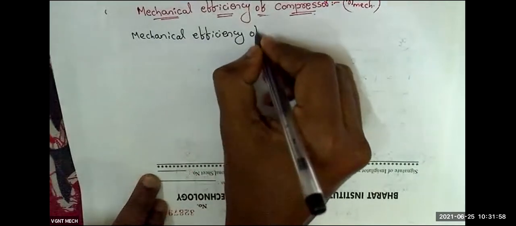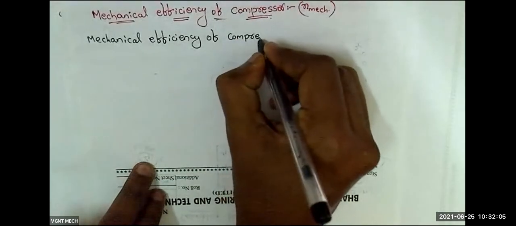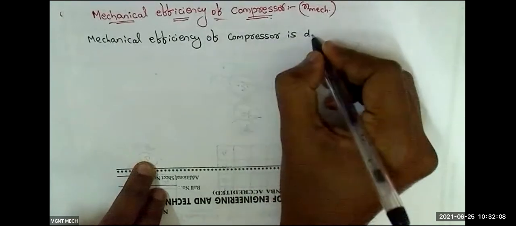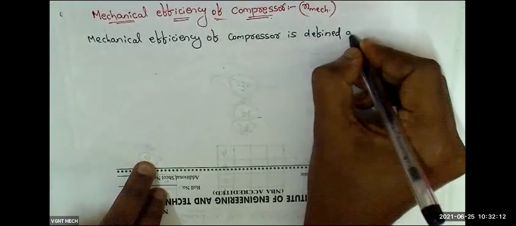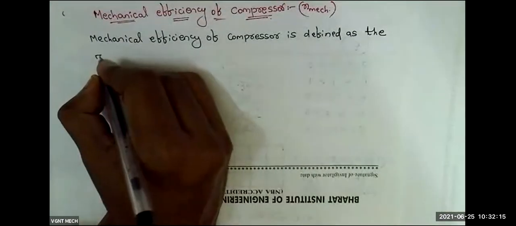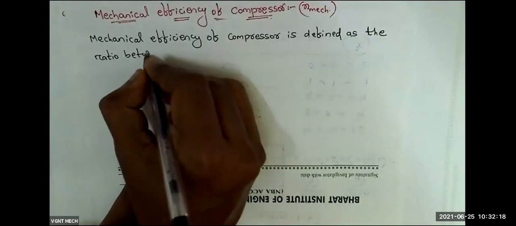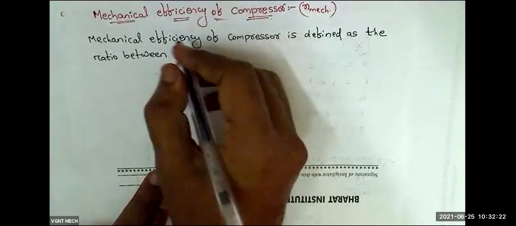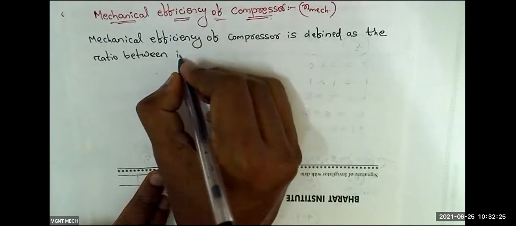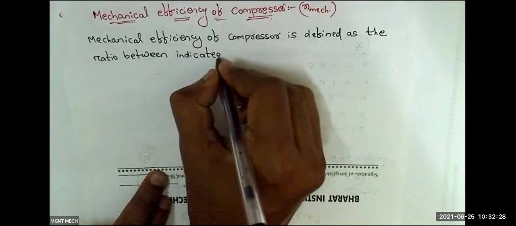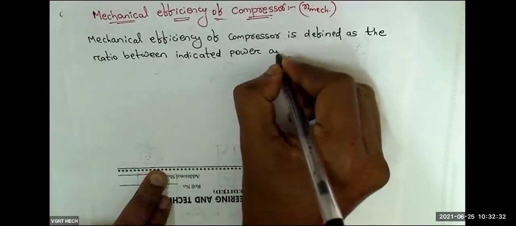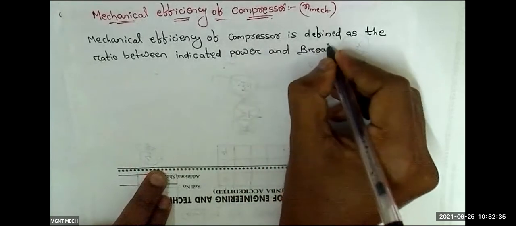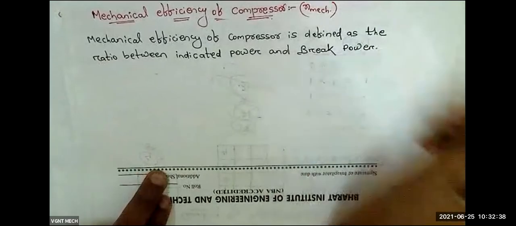Mechanical efficiency of a compressor is defined as the ratio between indicated power and brake power.